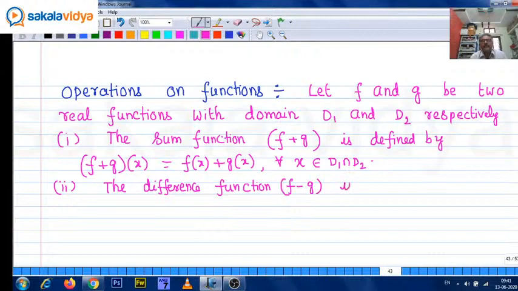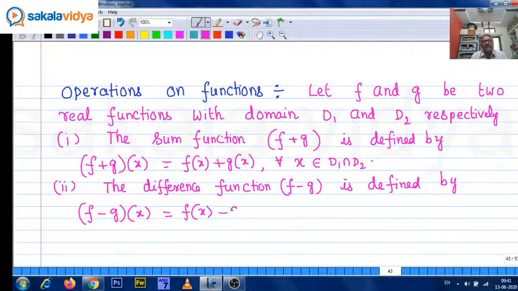It is defined by f minus g of x equals f of x minus g of x, for every x belonging to d1 intersection d2. This is a very important factor.